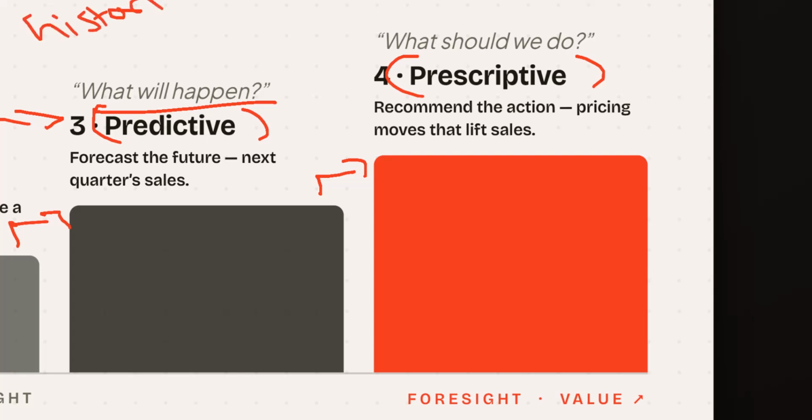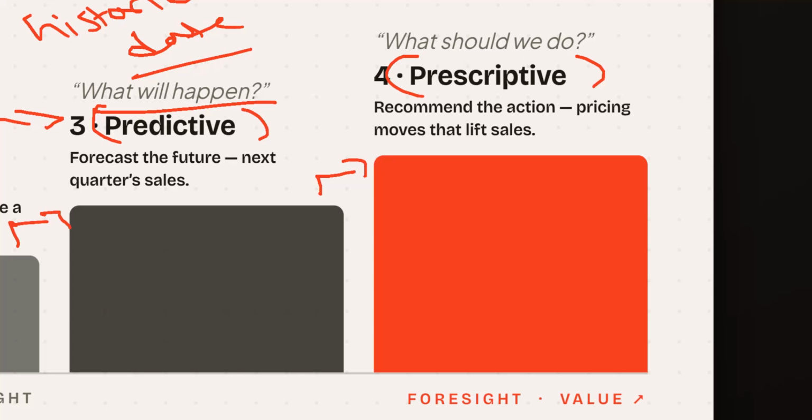I'm going to show you later how this works, but it utilizes historical data to model and forecast future trends. An example is predicting what our sales will look like in the next quarter based on the current momentum. So that is basically what predictive analytics is.